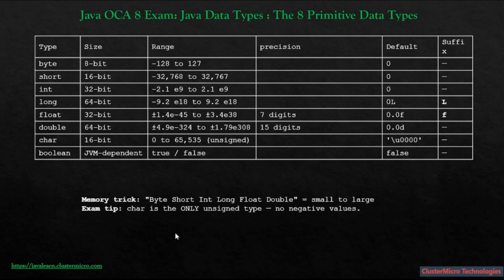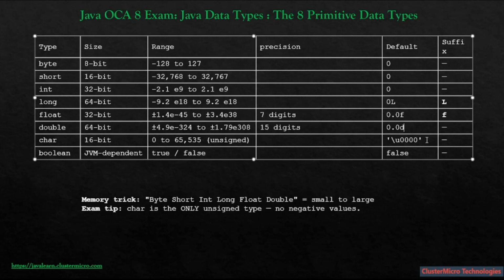These default values are very important from the exam perspective. They were tested there. You have to remember that for boolean it's false, for char it's \u0000, and other things are mostly zeros. Only remember that long is 0L, and float and double are 0.0f and 0.0d.